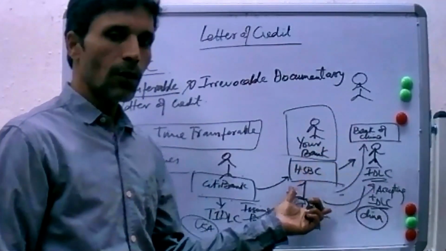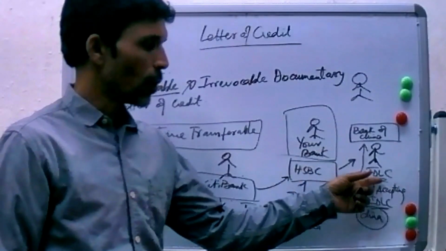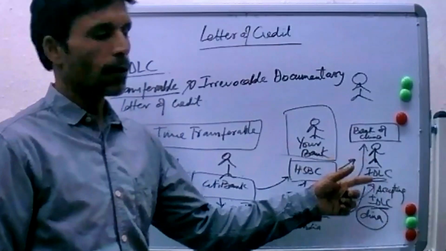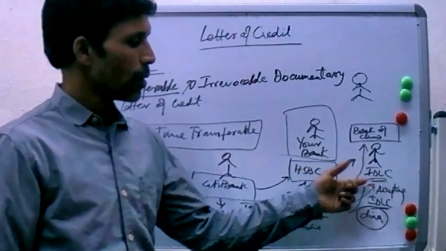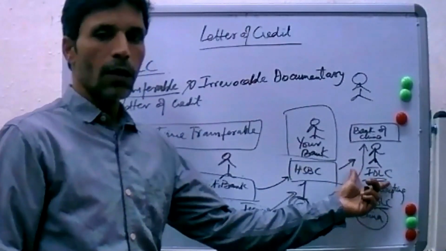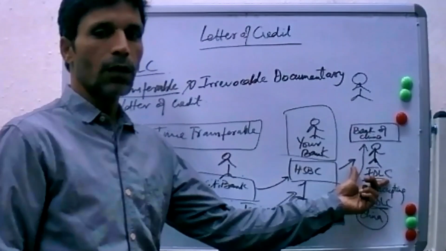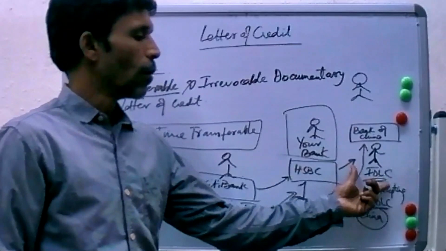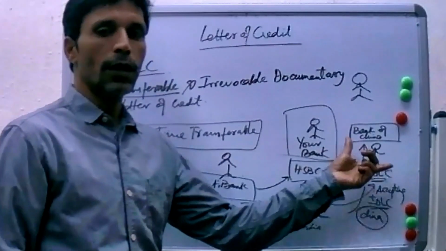How will you transfer? You are going to transfer it as only a simple IDLC or DLC. When you transfer this, it will not have the same face of TIDLC. It will have the face of only a documentary letter of credit.